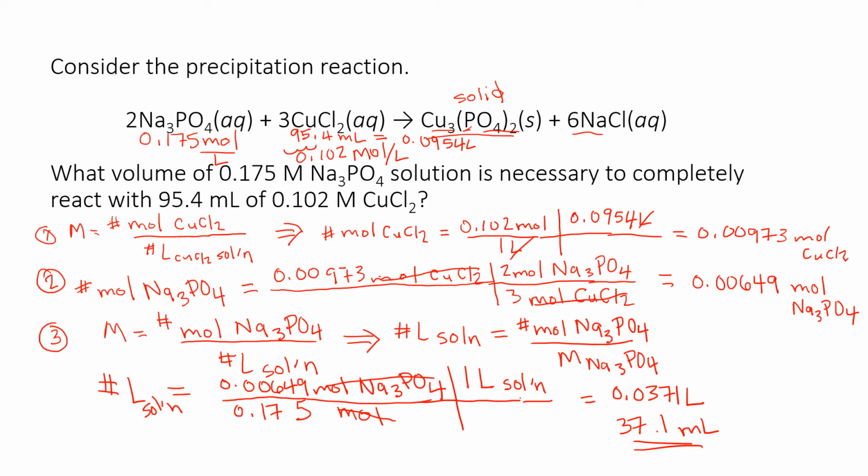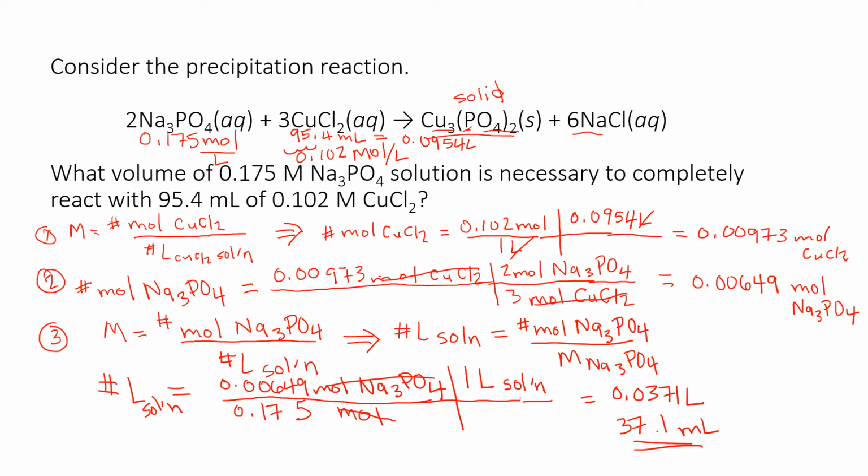Okay. But the first step is getting the moles of your solute, in this case the copper 2 chloride, and then once you're in moles of that, utilize the mole ratio to get the moles of the other reactant, which in this case is sodium phosphate.